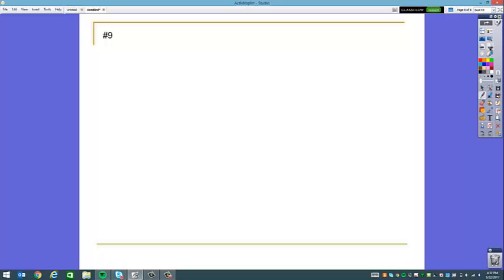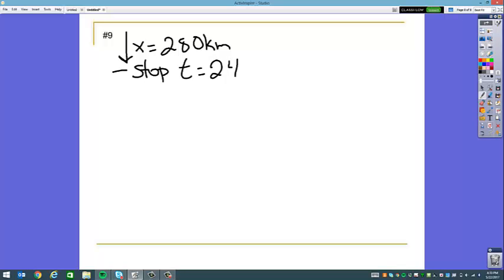We're going to start off by drawing a picture. That's where I'm going to label my givens. I'm going south first, and I know this distance here, so my displacement is 280 kilometers. I'm drawing the down arrow to tell me it's south. Then I stop for 24 minutes.